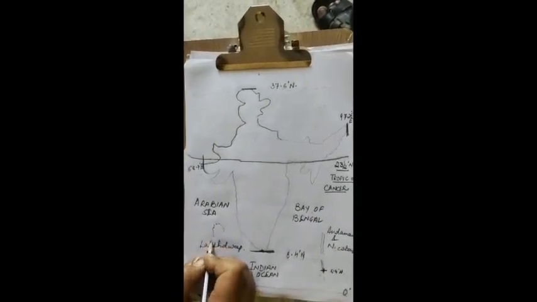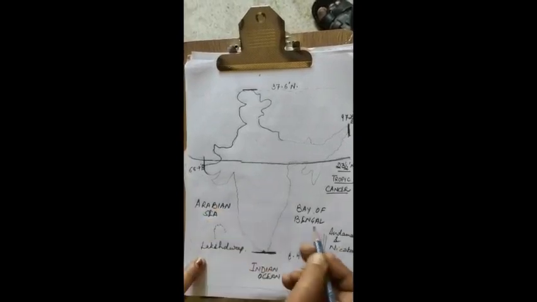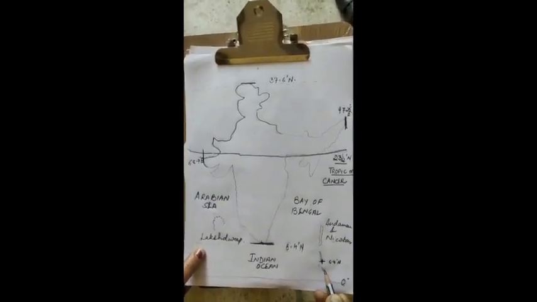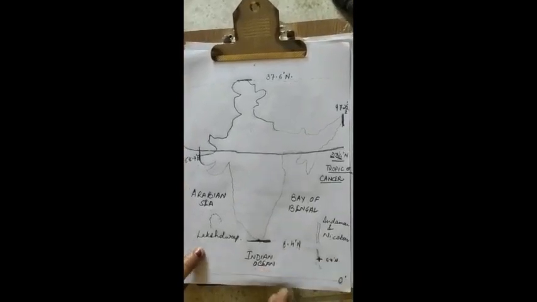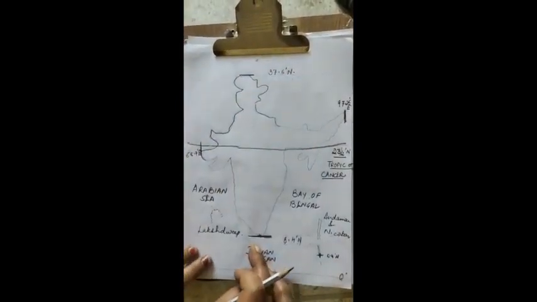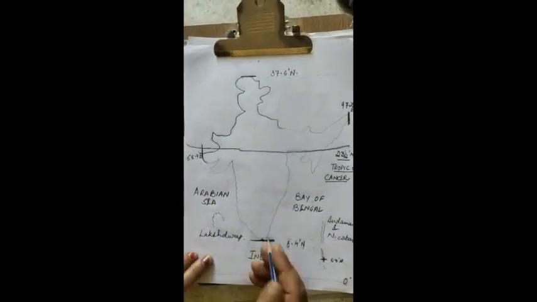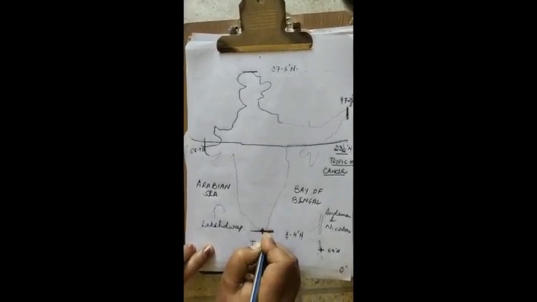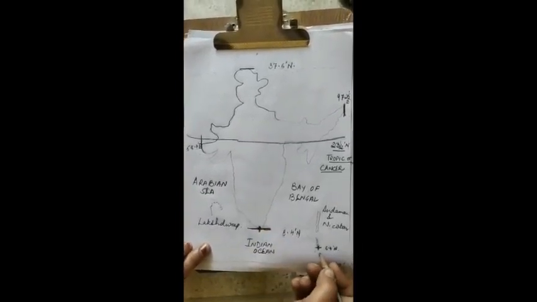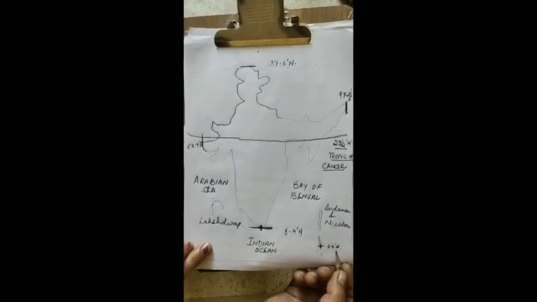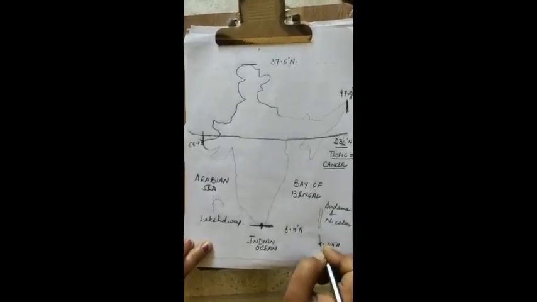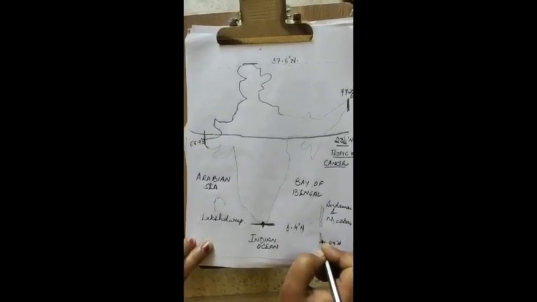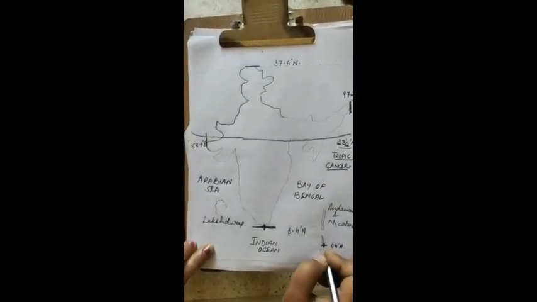Now the Lakshadweep Islands lie in the Arabian Sea, and the Andaman and Nicobar Islands lie in the Bay of Bengal. This is the Indian Ocean. Now the southern tip of the Indian mainland is Kanyakumari. But as you know, India extends up to 6.4 degrees north. So this is the southern point of the Indian Union, Indira Point.